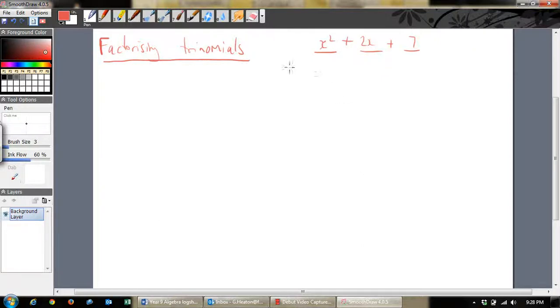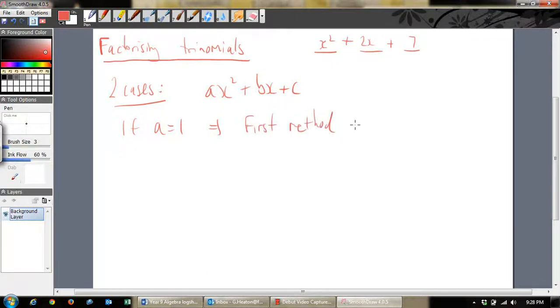Okay, and what we're doing today is we'll just look at two cases. If we're trying to factorise ax squared plus bx plus c, then if a is equal to 1, we're going to do our first method of factorising.